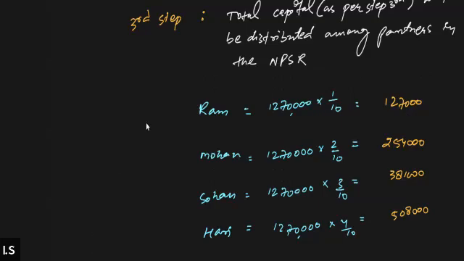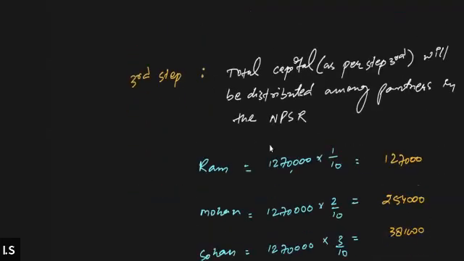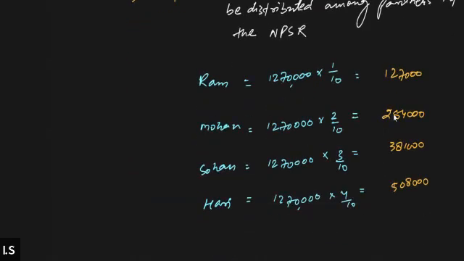Now the important thing, sir, what are we going to do with this capital that we have got? Guys, we will be recording these values in the partners capital account. Remember these balances: 1,27,000, 2,54,000, 3,81,000 and 5,08,000.